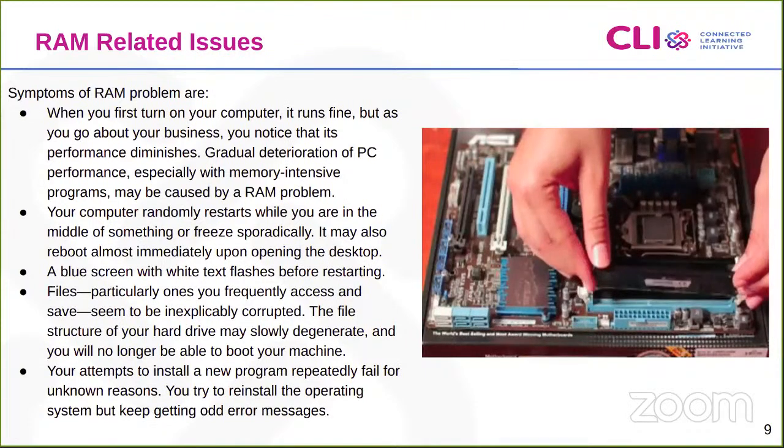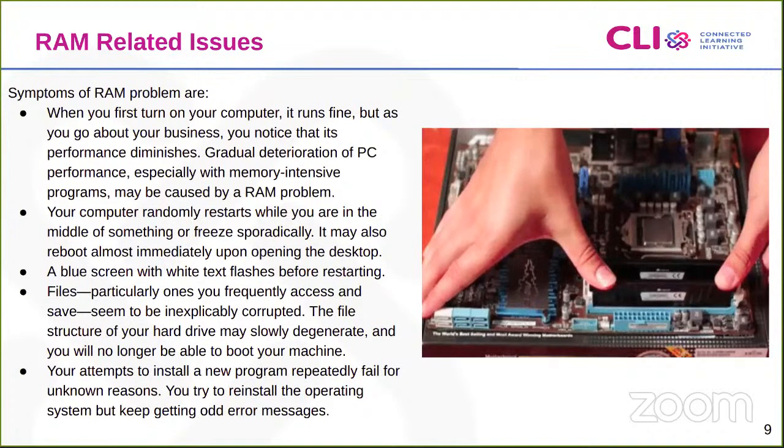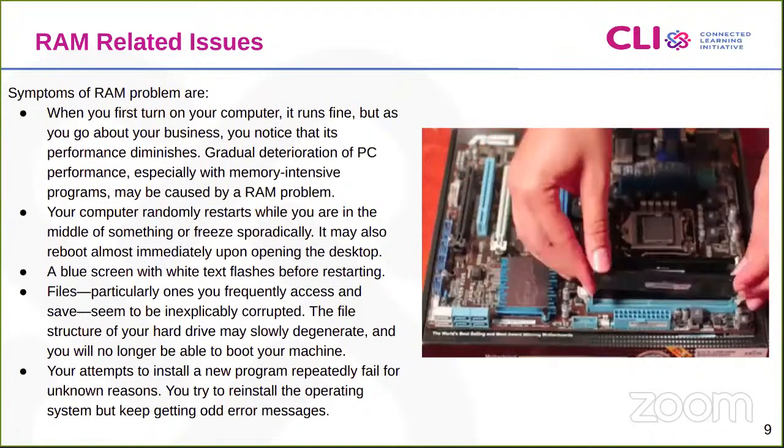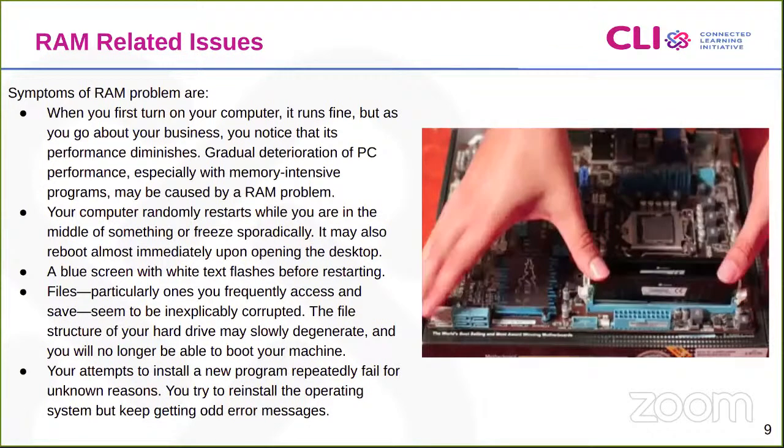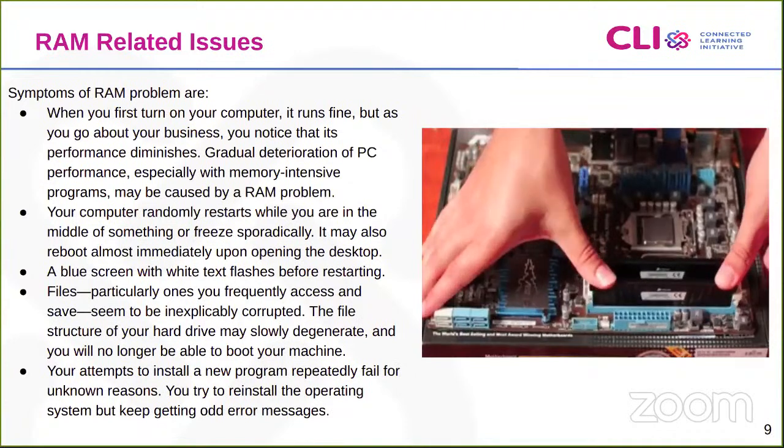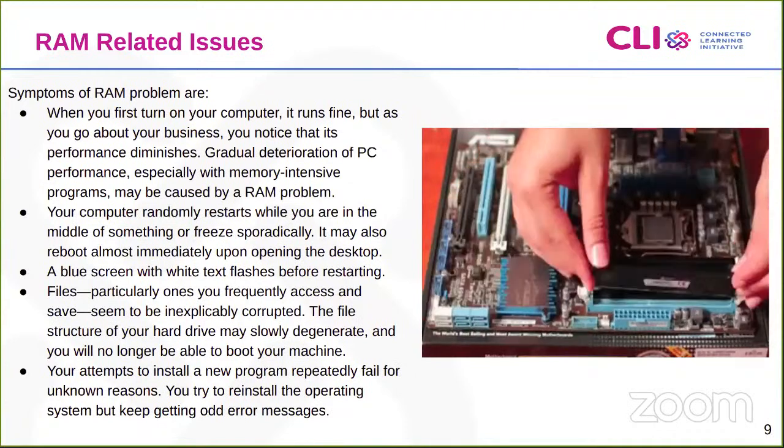And there's one question: how should we select a suitable RAM for the system? Again, the same answer is applicable. It really depends upon your hardware capacity and what it can support.